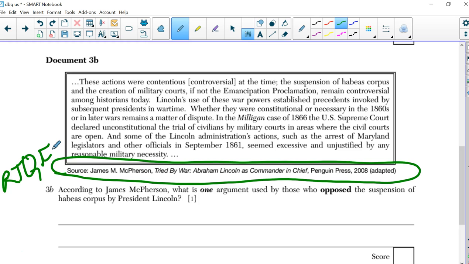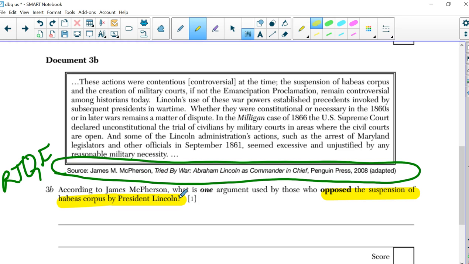So according to James McPherson, what is one argument used by those who opposed the suspension of habeas corpus? They didn't think that President Lincoln had the right to do it. So let's find an argument that could be used by those who are opposed. These actions were contentious, which means controversial at the time.